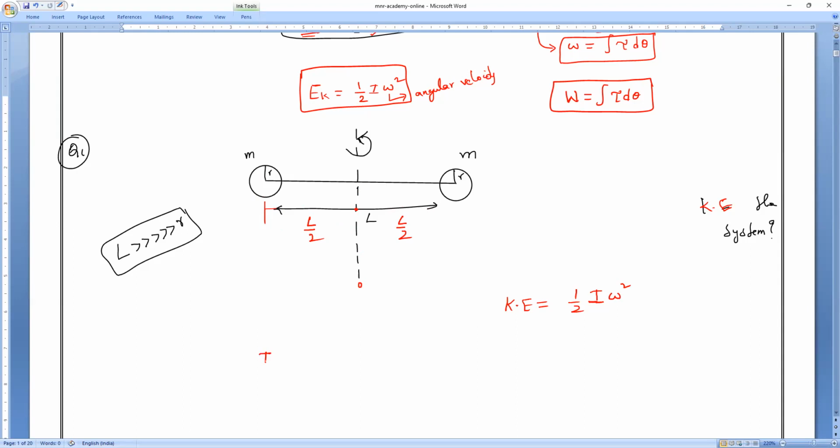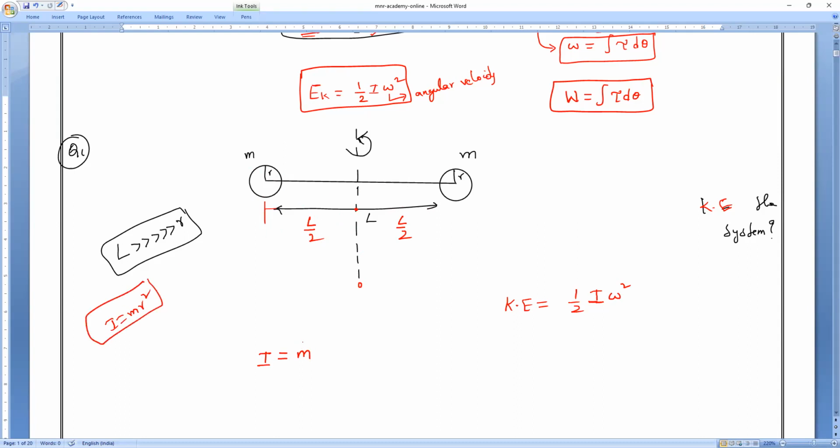What is the moment of inertia of the total system? For the first body, M into R square, so I is equal to M R square.